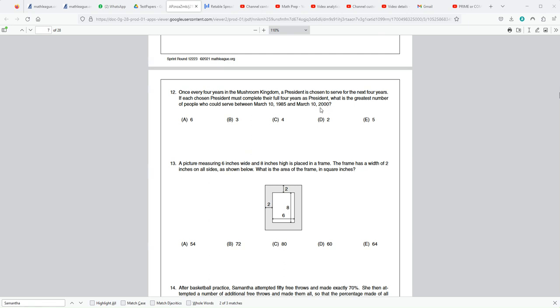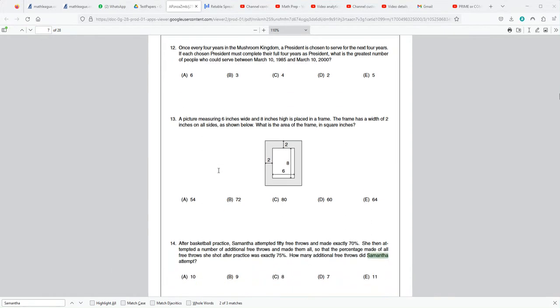So technically, there could be five presidents who served between those times, three of them serving full terms and two serving partial terms: the first ending partially in the given time period, and the last starting partially in it. There can be 5 presidents in the Mushroom Kingdom between 1985 and 2000. That's correct. That was a tricky one.